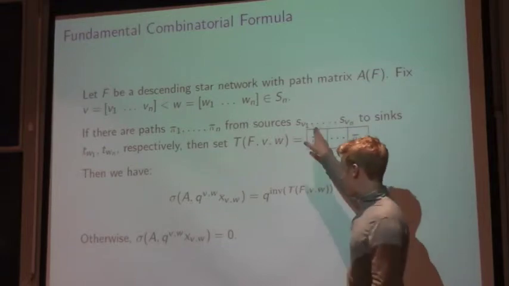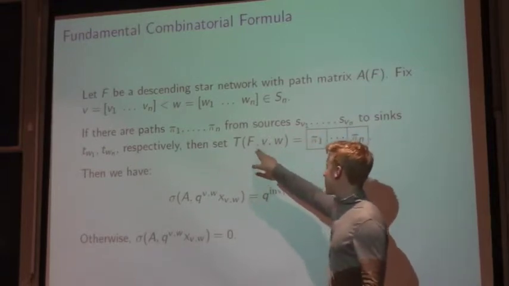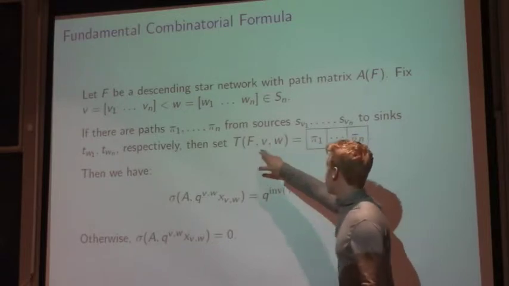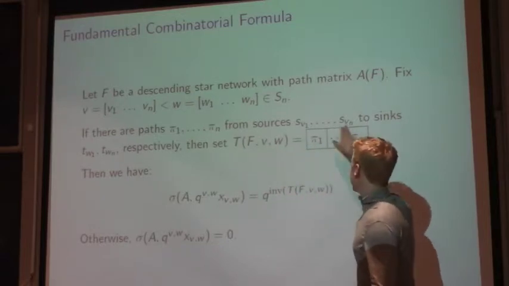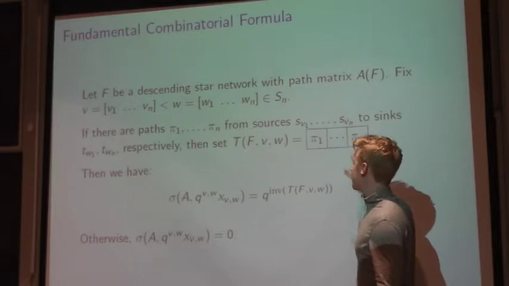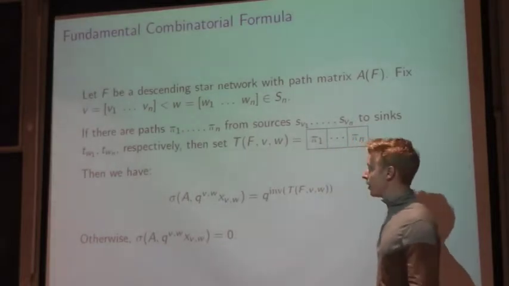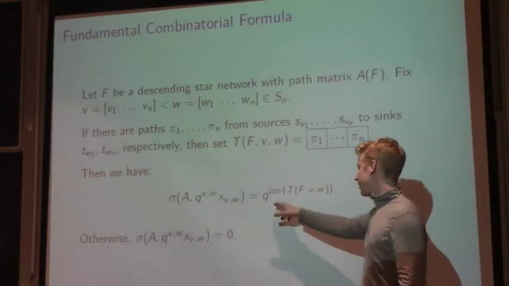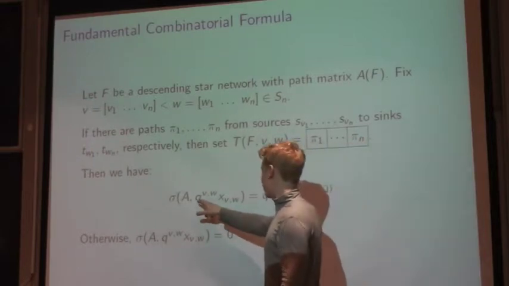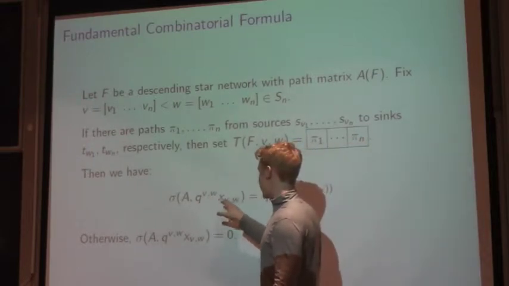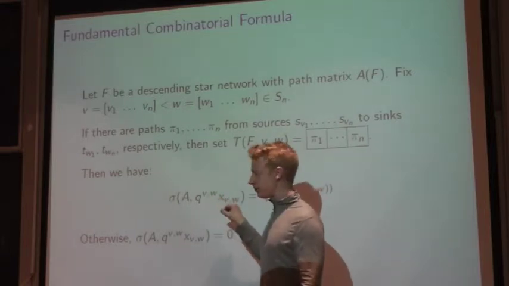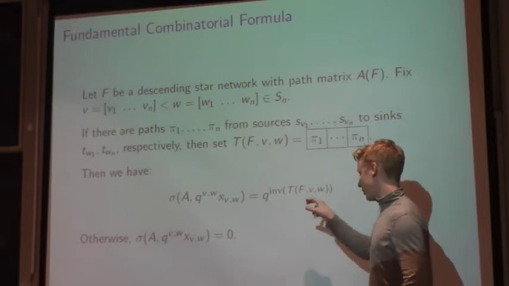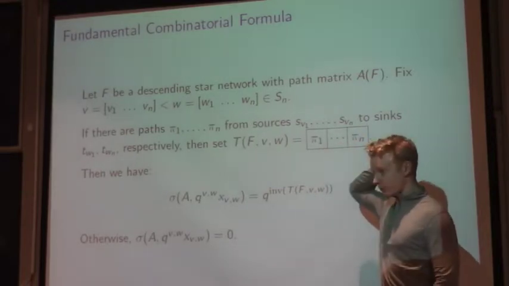then, if we have all these paths, we define this tableau T_F,V,W to be just a one-row tableau where we put all those paths in order. And then our evaluation works by evaluating this monomial, x_V,W times power q_V,W, on A, and we're just going to get q to the number of inversions in this tableau.